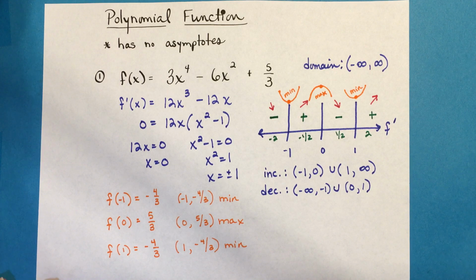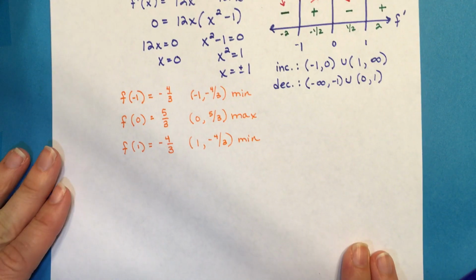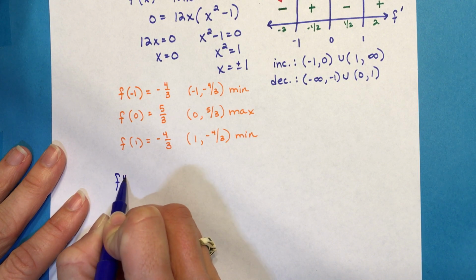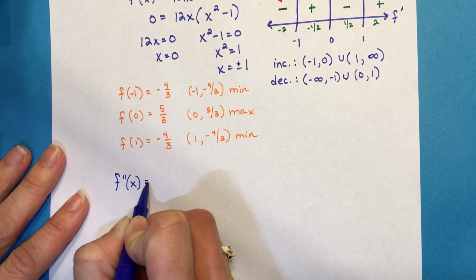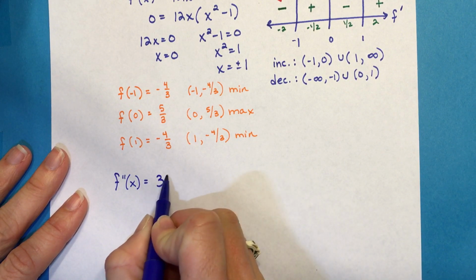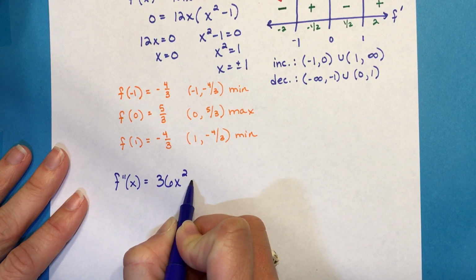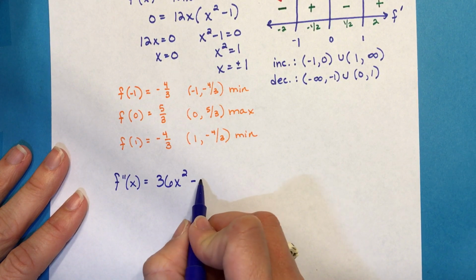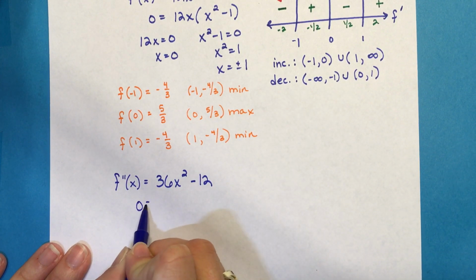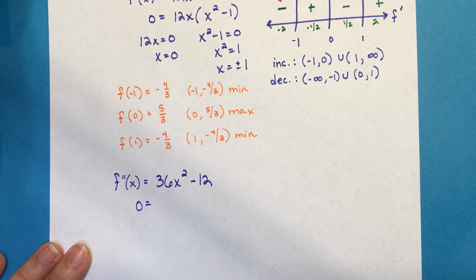So what we'll be ready to do now is to find the second derivative. And that's just going to be power rule again. Using your power rule on your first derivative, you'll have 36x squared minus 12. Now you're going to do the same thing as what you did with your first derivative. You need to set this equal to 0 and find the values that would cause it to equal 0.